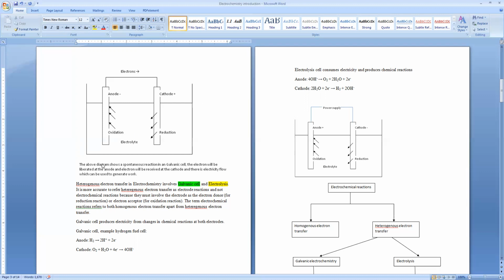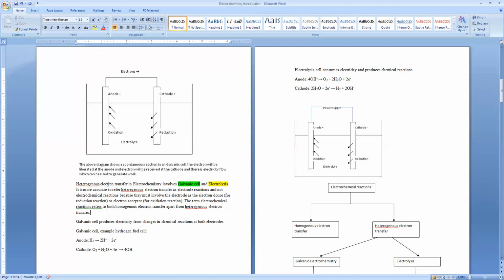The above diagram shows a spontaneous reaction in a galvanic cell. The electron will be liberated at the anode, and the electron will be received at the cathode, and there is electron flow, which can be used to generate work. Heterogeneous electron transfer involves the galvanic cell and the electrolysis cell.